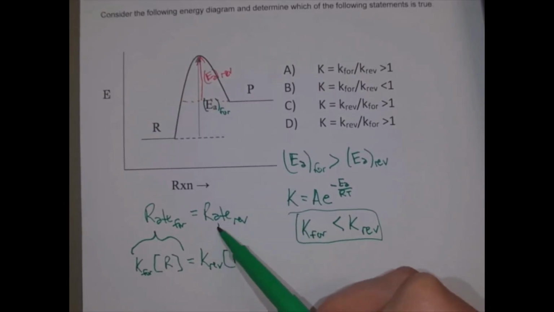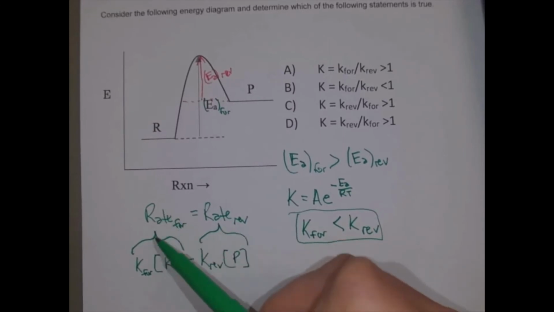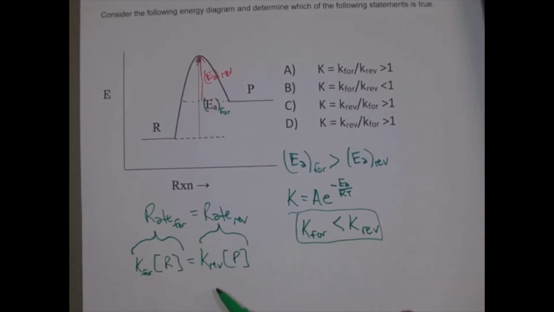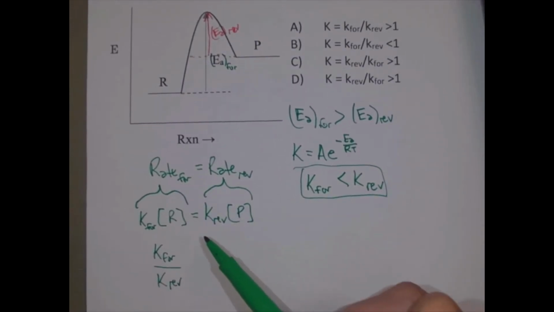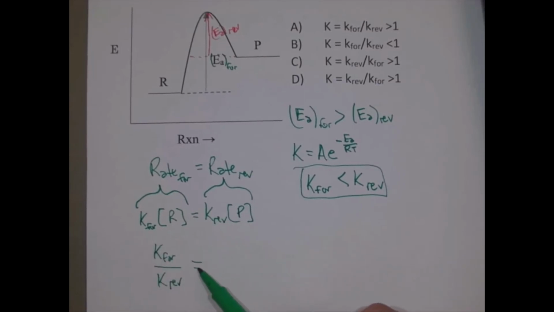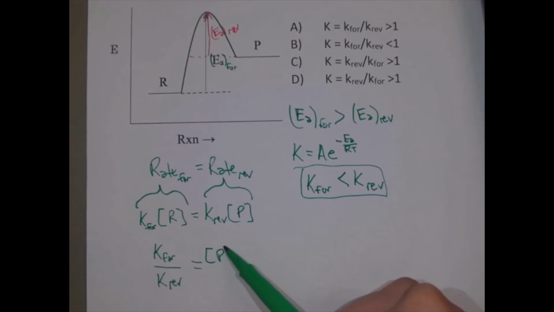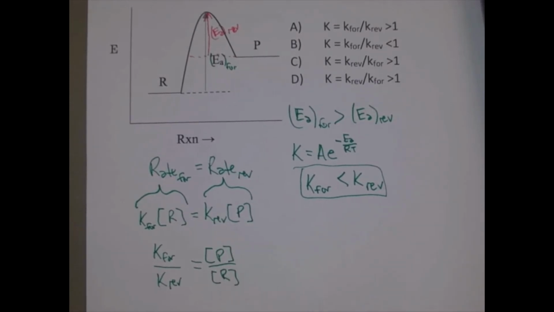We just expanded out the rate law. Now we can rearrange and collect terms. The rate constant for the forward reaction divided by the rate constant for the reverse reaction, moving all my k's to one side and the concentration terms to the other, equals the concentration of P for product divided by the concentration of R for reactant.